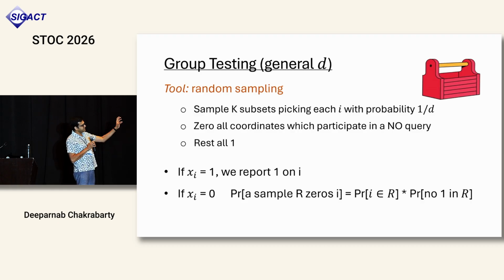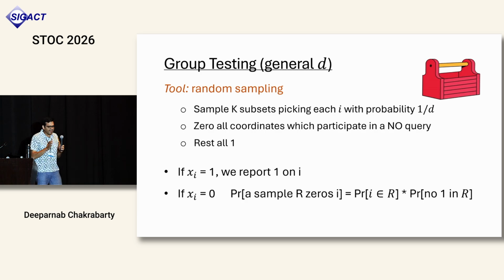I take one of these samples, and let's see what's the probability that this sample will certify that this coordinate is 0. To certify that, first I need to pick that i in my sample. So that's the probability i is in R. And I should not pick any of the ones in my sample. If that happens, then I will definitely say this xi was equal to 0. I'll zero it out.